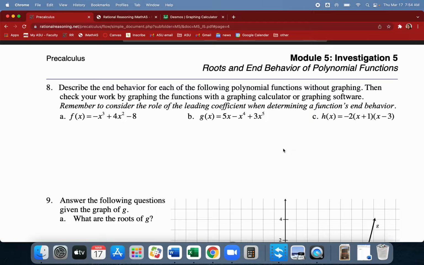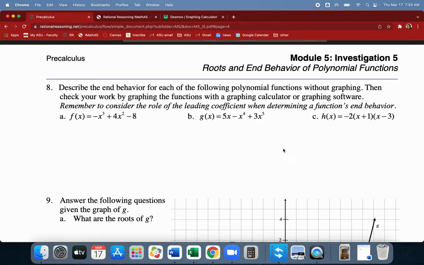But I might have mentioned this quite quickly. There's only a few options for what the ends of polynomials can do. And it's based on what kind of highest power they have. Odd highest power, like linear functions, cubic functions, fifth power functions, are going to have one end up and one end down, just like lines, positive or negative slope.